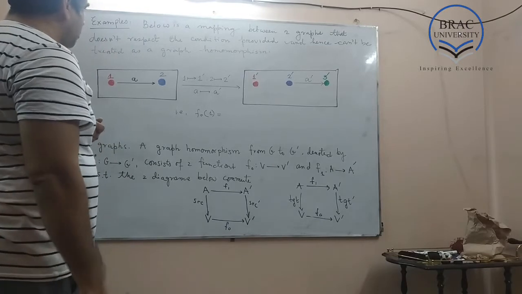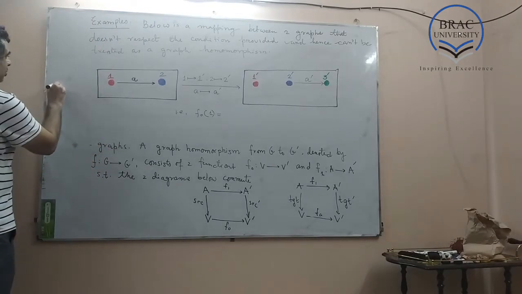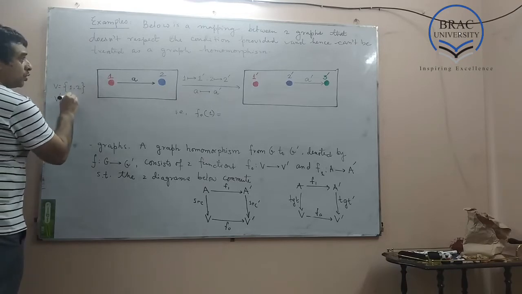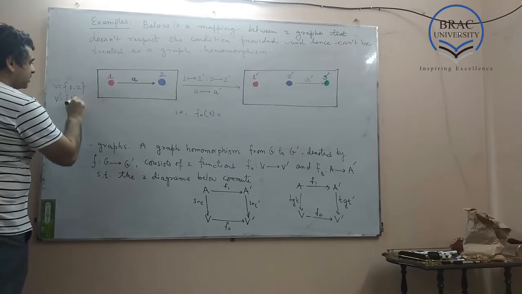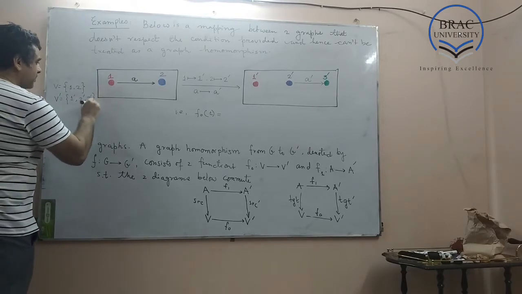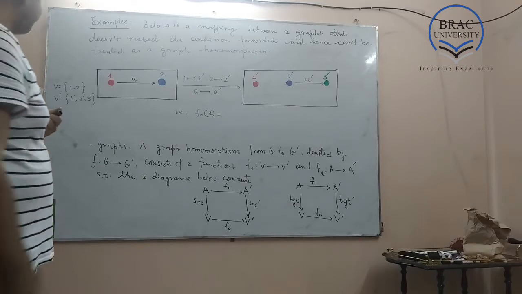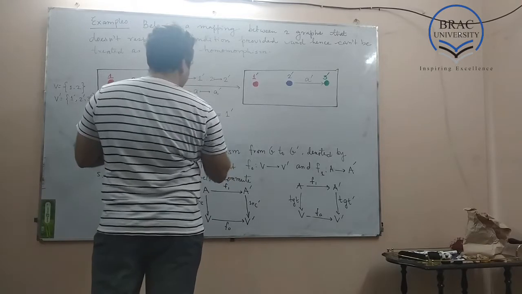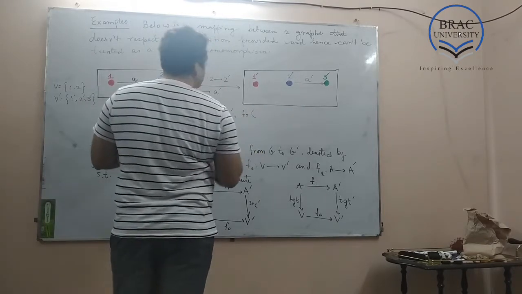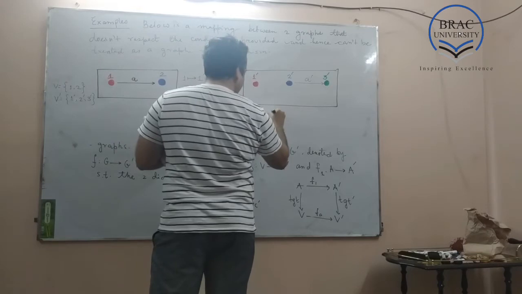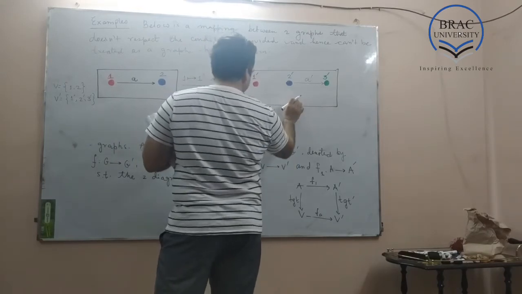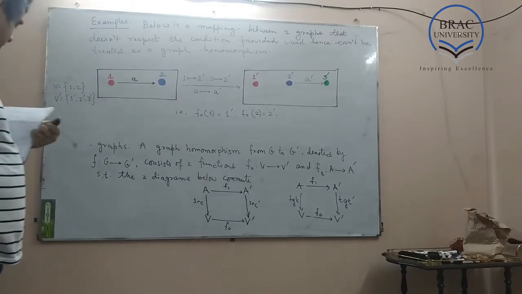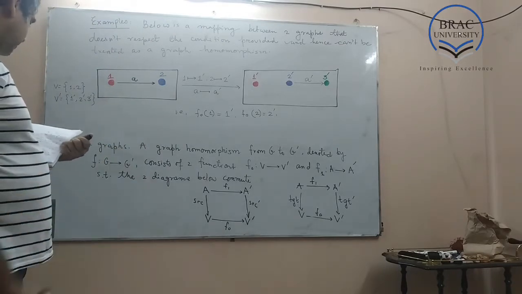V is just 1 and 2, and V prime is 1 prime, 2 prime, and 3 prime. Okay. So F0 of 1 is simply 1 prime, and F0 of 2 is 2 prime, and that's it. 3 prime does not have a pre-image since it's not surjective. It's not taken to be surjective. Okay?